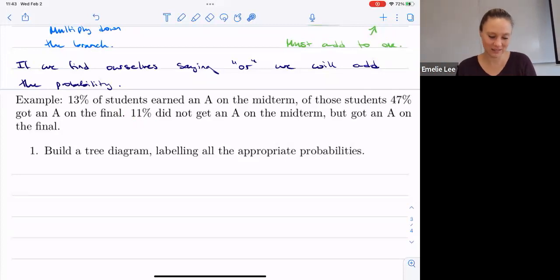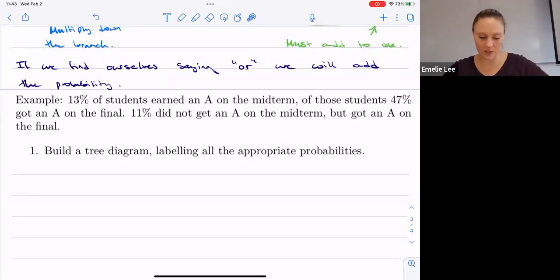Yeah. 100 minus 13, right? So then I know that 87% didn't get an A on the midterm. So I already know that branch. And so even when I read this, 11% did not get an A on the midterm, I know that's not that first branch. That must be the conditional probability.